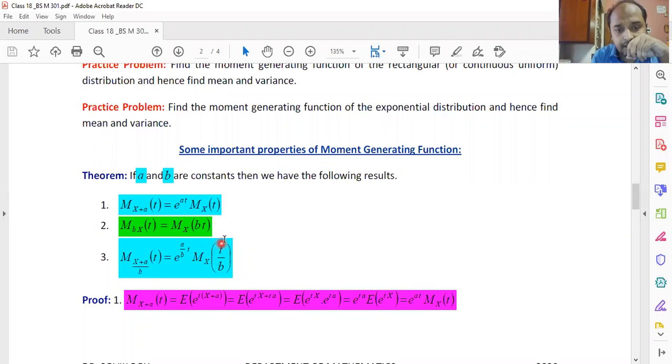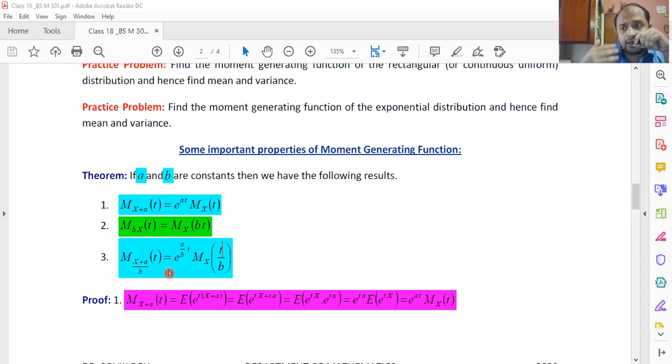Okay. These properties of the moment generating function are so important that now you're going to see how we can use them to evaluate the moment generating function of the standard normal variable and consequently its mean and variance. But these expressions are also very confusing.